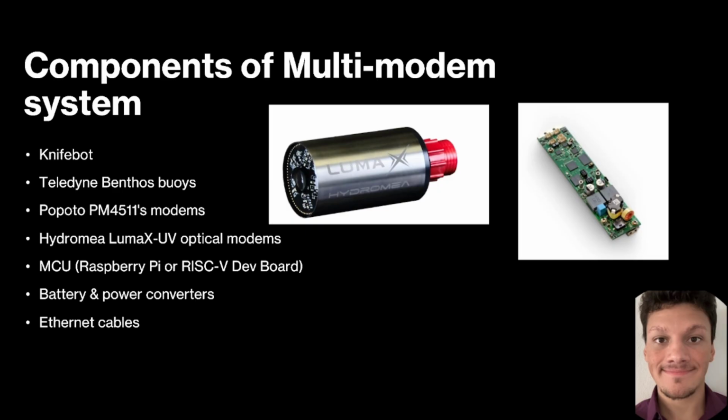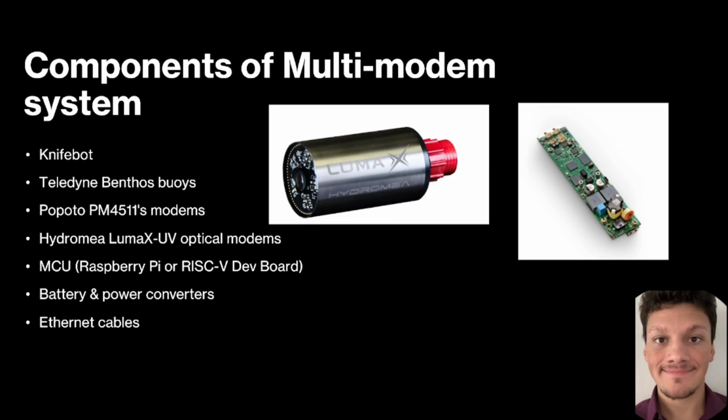Lastly, we have the components of the system, which I had briefly mentioned some of them, including the knifebot itself, the buoys, the Teledyne Benthos buoys, the Popoto PMM4511 modems, which are the acoustic ones, the Hydromea Luma XUV optical modems, which are the optical ones, that are both going to be integrated, a microcontrol unit, which will either be a Raspberry Pi or a RISC-V dev board, which essentially we just need Linux in order to run the APIs that handle our communication protocol, as both modems directly handle through APIs, which means it is very simple to retrieve information from them and do whatever we want with them, like any kind of changes and stuff like that.